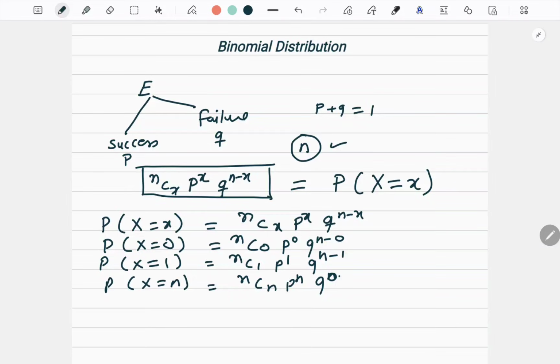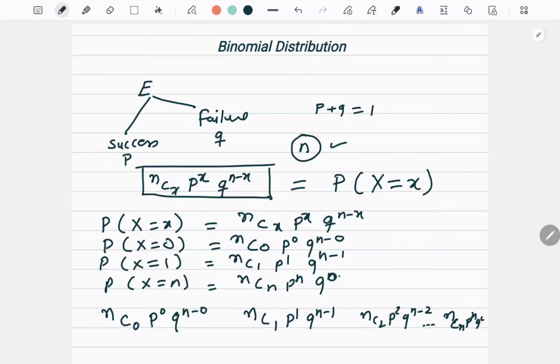Right? Now observe very carefully. If I write these terms, nC0, P to the power 0, Q to the power n minus 0, then nC1, P to the power 1, Q to the power n minus 1, nC2, P to the power 2, Q to the power n minus 2, up to nCn, P to the power n, Q to the power 0. These are the terms of the binomial expansion.